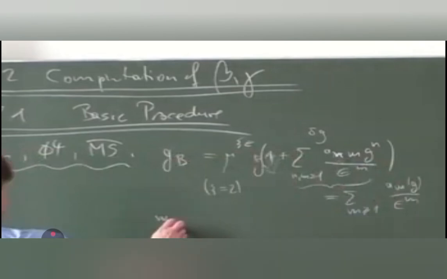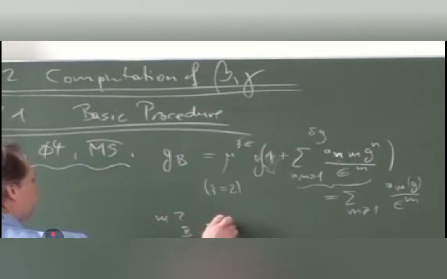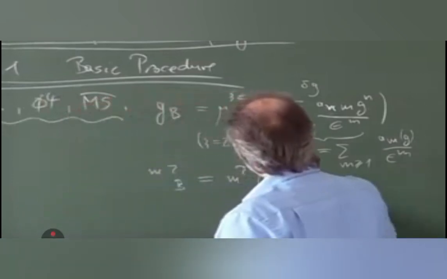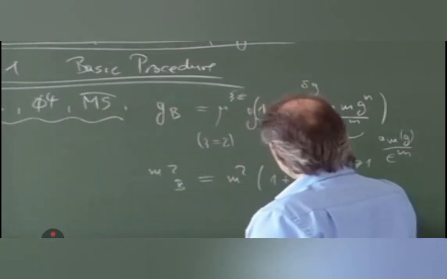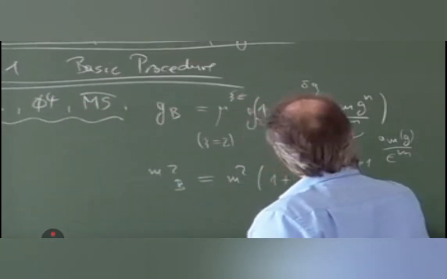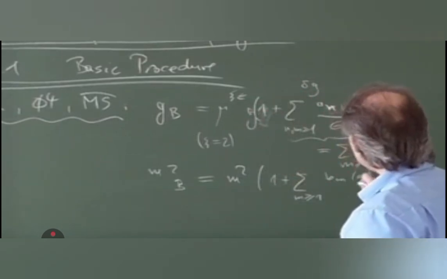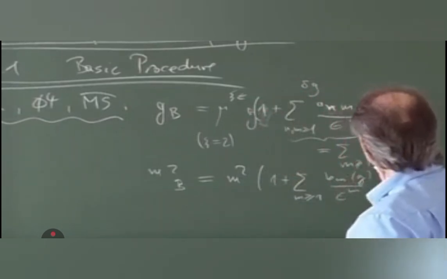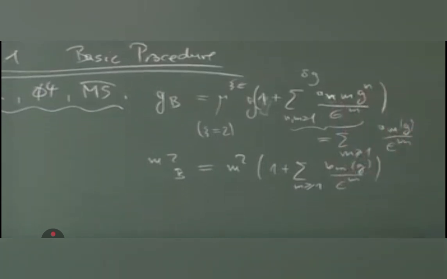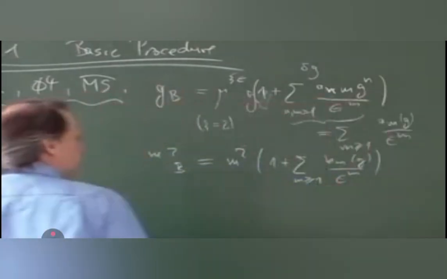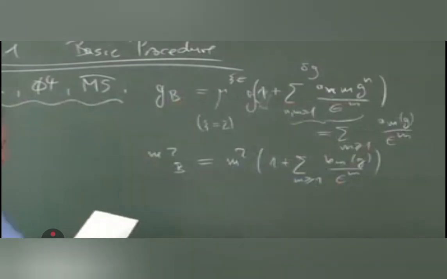Similarly, the bare mass squared is given by the renormalized mass squared times 1 plus a sum, m bigger or equal to 1, of a function b_m of g divided by epsilon to the power m. And again, here I immediately use these abbreviations, power series b_m of g, where m is the exponent of the 1 over epsilon pole.